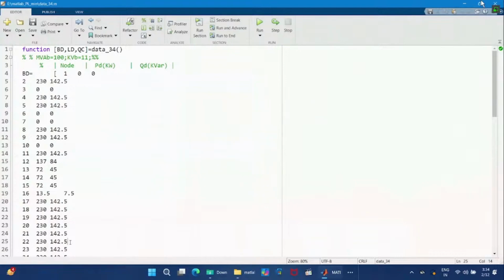The same will be decided through the optimization technique. Here I can do it manually, but that is trial and error. If I use optimization, it will give the exact result, including where to insert it, at bus number 25 or 20.